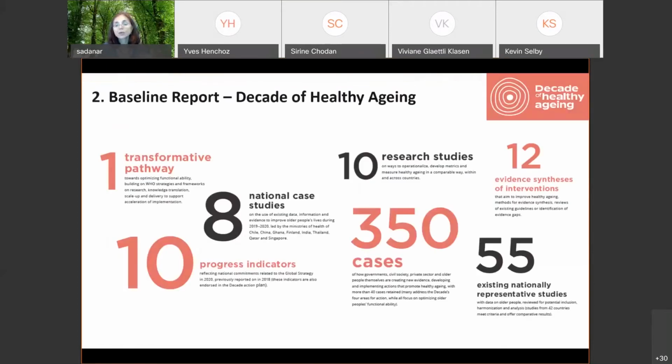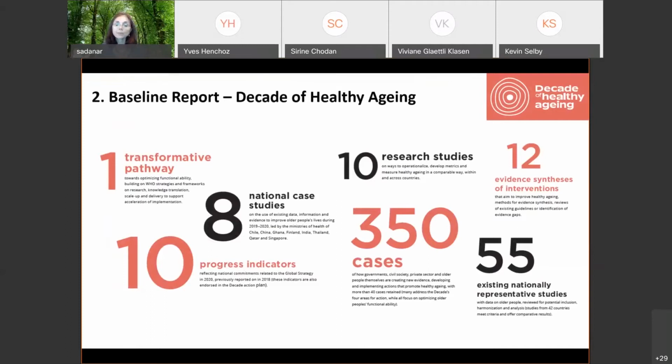So with that background, for the baseline report that we released last December, we developed with a network of researchers and institutions a range of inputs to complete this report.